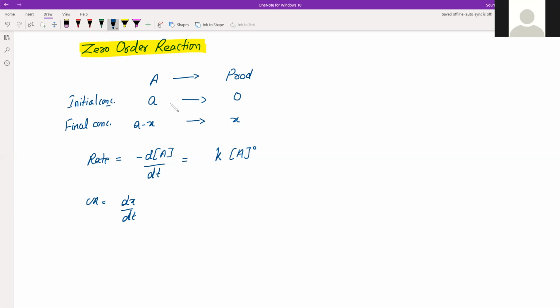So that is dx by dt, or this is minus d of (A minus x) divided by dt. So even that is equal to some K into the concentration of A, that is (A minus x) to the power 0. And in both cases, that will be equal to K.